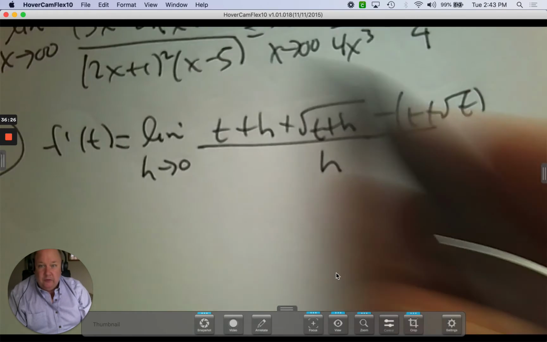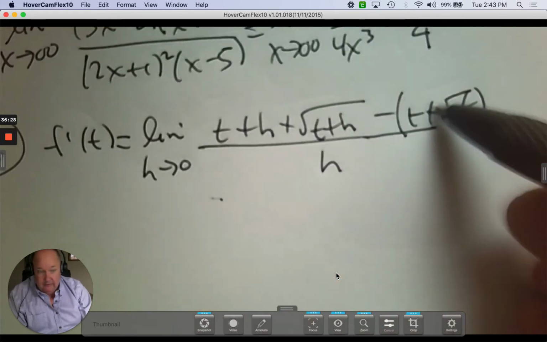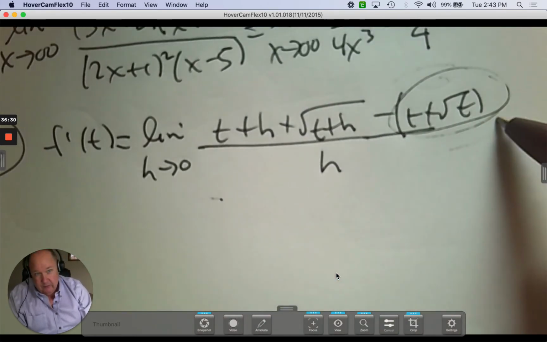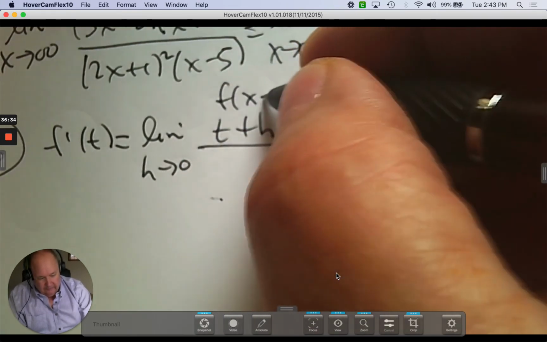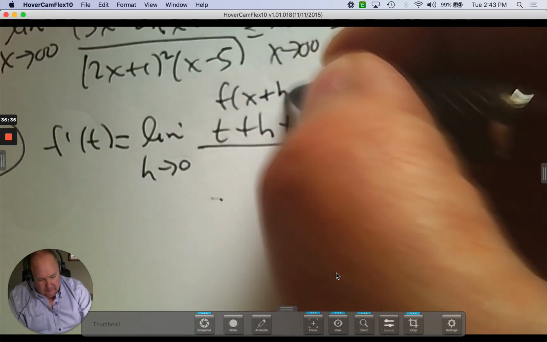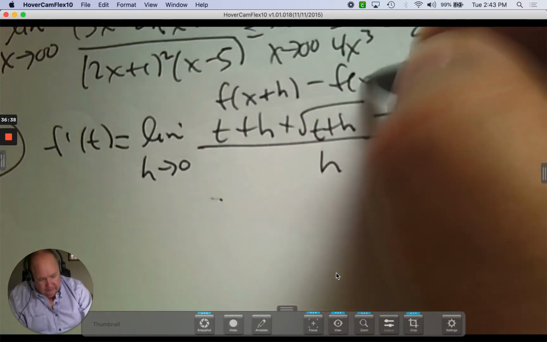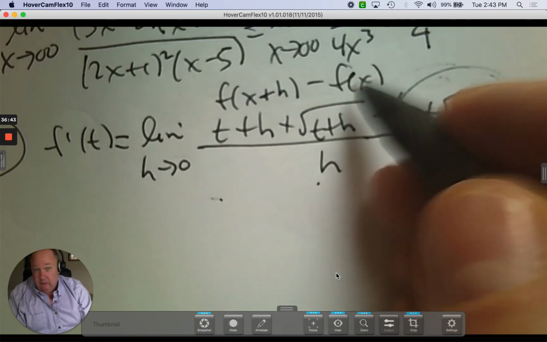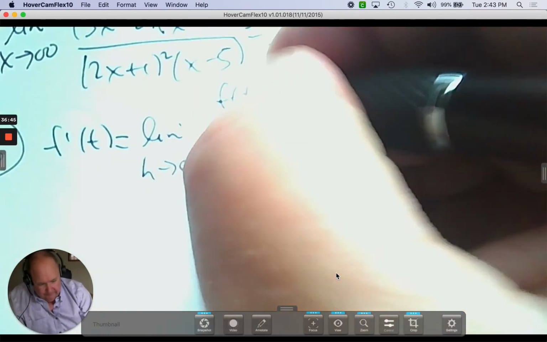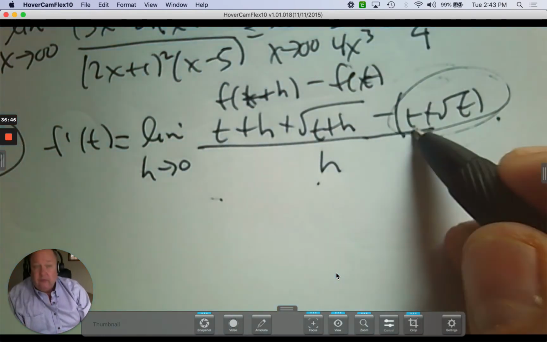So this is the derivative formula using limits. This part on the right side is what f of x is. So this is like f of x plus h minus f of x over h. That's the formula. So if I just want f of x, or in this case f of t, it's just what's on the right side here. It's t plus root t.